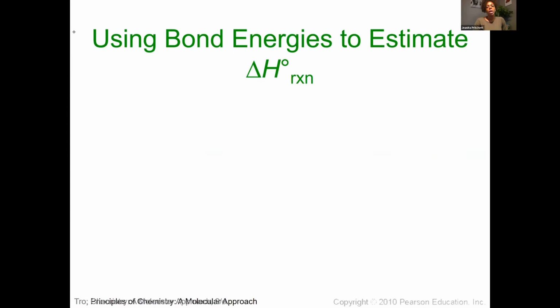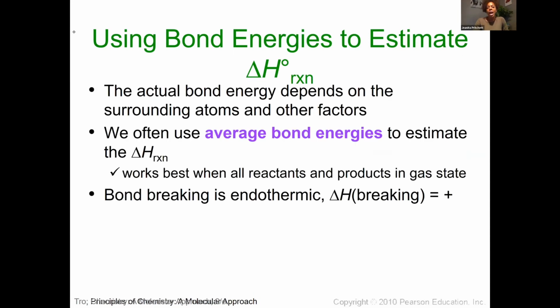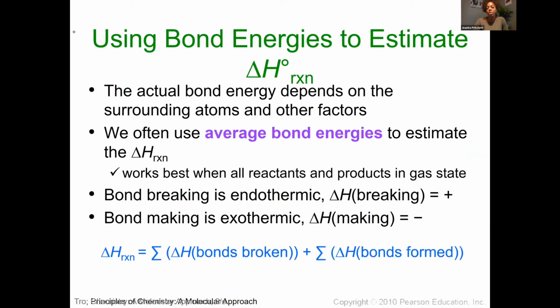We can use bond energies to estimate the enthalpy of a reaction. We can look up the average bond energies associated with different bonds. Remember, the bond-breaking process is endothermic, meaning we're putting energy in. We have to go in there and break it up, so we have to spend some money, and it's going to be a positive value.